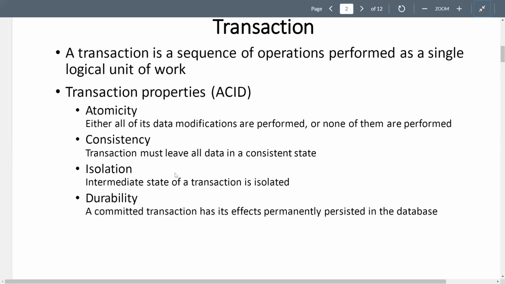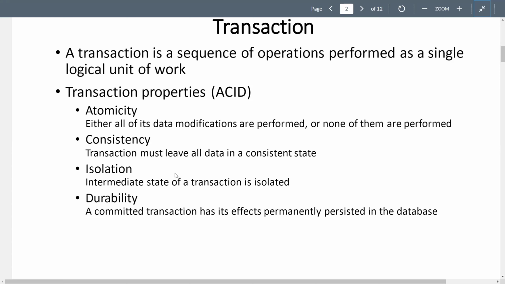If that transaction is still taking place, the intermediate state, for example, money has been withdrawn from your savings account, $2,000, but has not been put in your checking account. The transaction is still going, then concurrent transactions cannot see the balance of your savings account because the transaction is still going on. So that's the intermediate results, intermediate state.